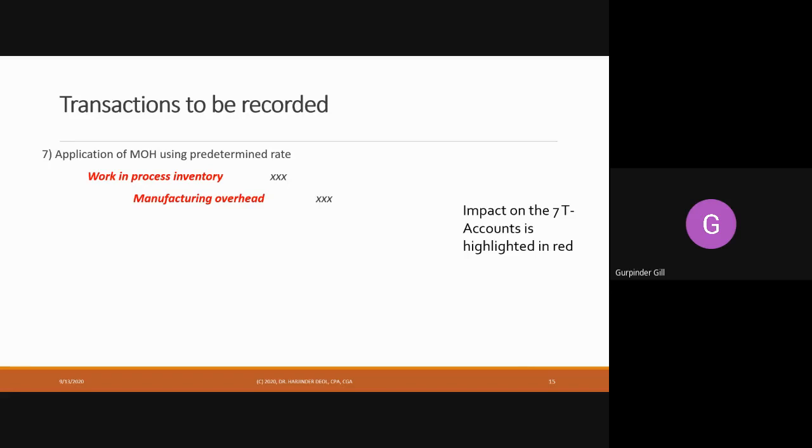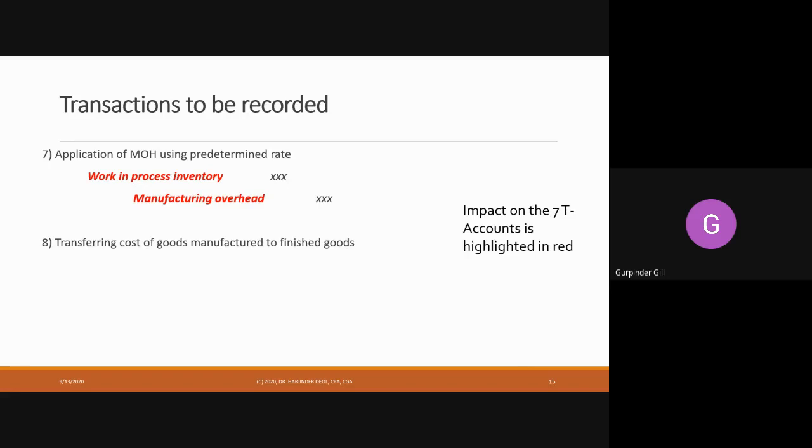When we apply this rate, we use the allocation basis and multiply that with our predetermined manufacturing overhead rate that was established in step 1. The journal entry to apply that is your work in process inventory is debited, and we credit our manufacturing overhead account. So this is the application piece. That's why the manufacturing overhead account is being credited.